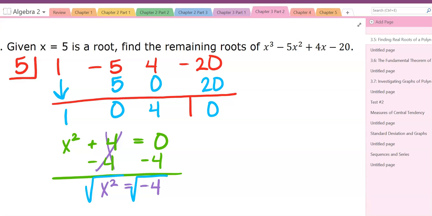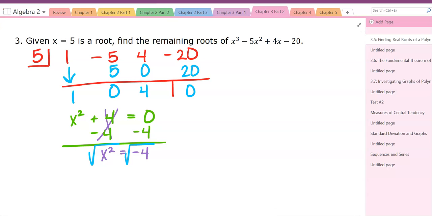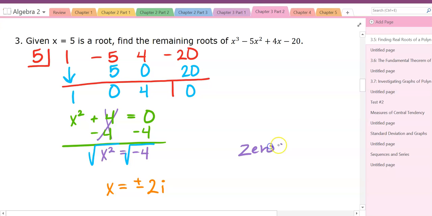But what do we have to include because there's a negative underneath the square root sign? i. So this is going to say x equals 2i, and we put a plus minus sign in front of it. So there's your other two roots, and then we have the 5. So my zeros are going to be plus minus 2i, and then 5.